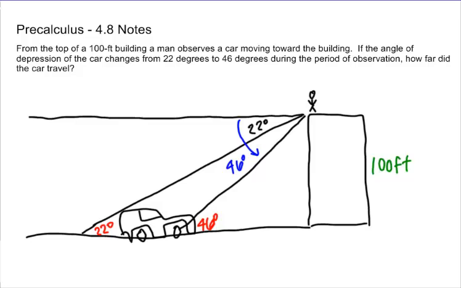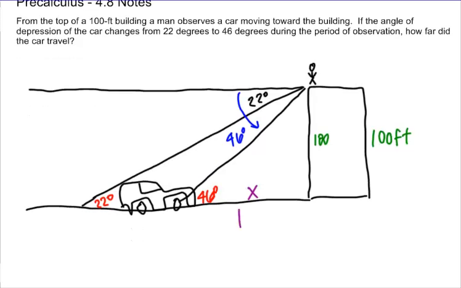So let's go for the first distance right here. I don't know that distance, but I know the height of the building, which again is 100, so we can do the tangent.